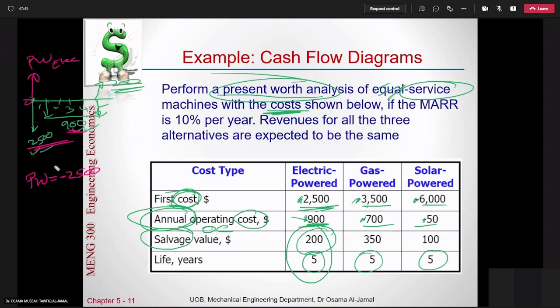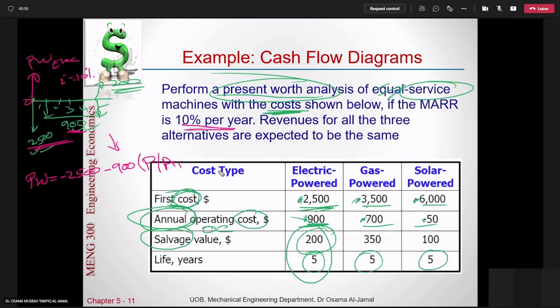What else do we have? Minus 900. Why minus? Because it is downward. Standard notation: what we want to find, P, given what? Annuity. The interest is given to us, 10%.